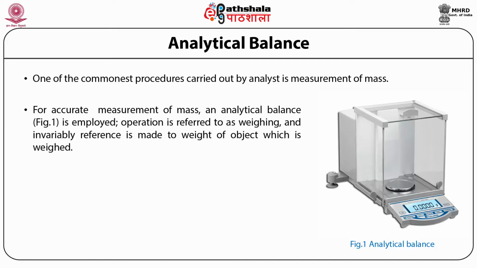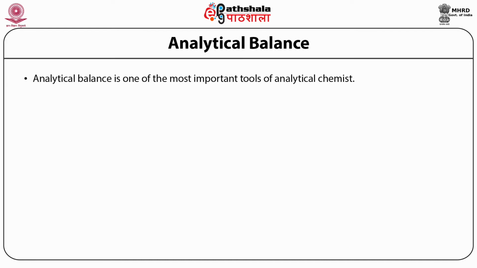The operation is referred to as weighing, and invariably reference is made to the weight of the object or material which is weighed. The analytical balance is one of the most important tools of the analytical chemist, and it is one which in recent years has undergone radical changes.